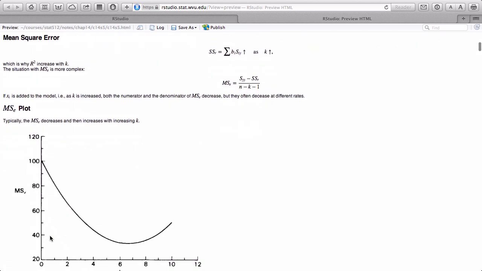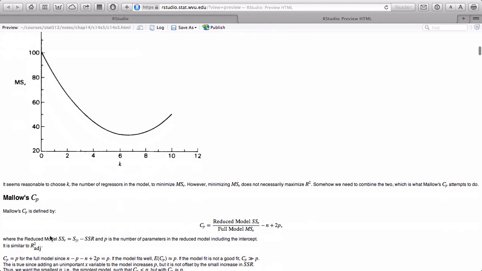So somehow, if you could combine what's happening at the error mean square with what's happening in the adjusted R squared, that would be good. And there is a measure similar to that called the Mallows Cp.